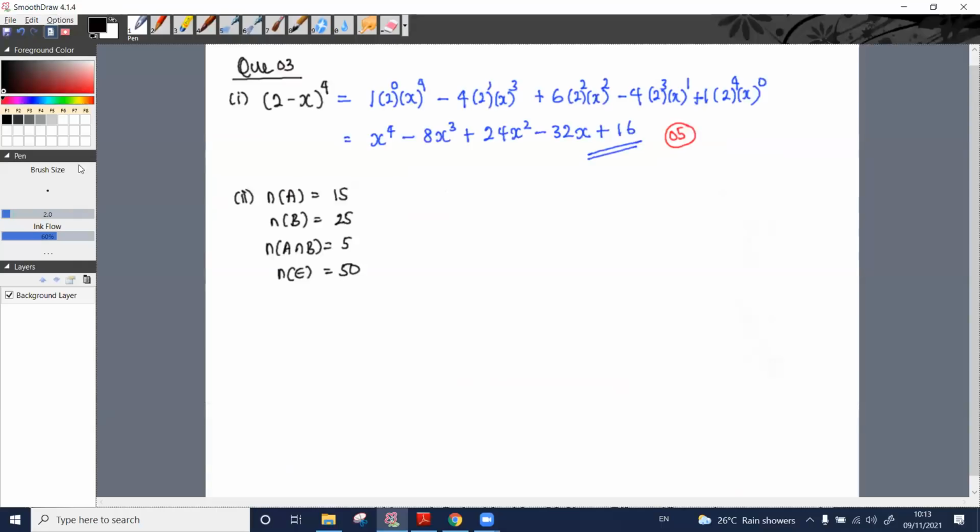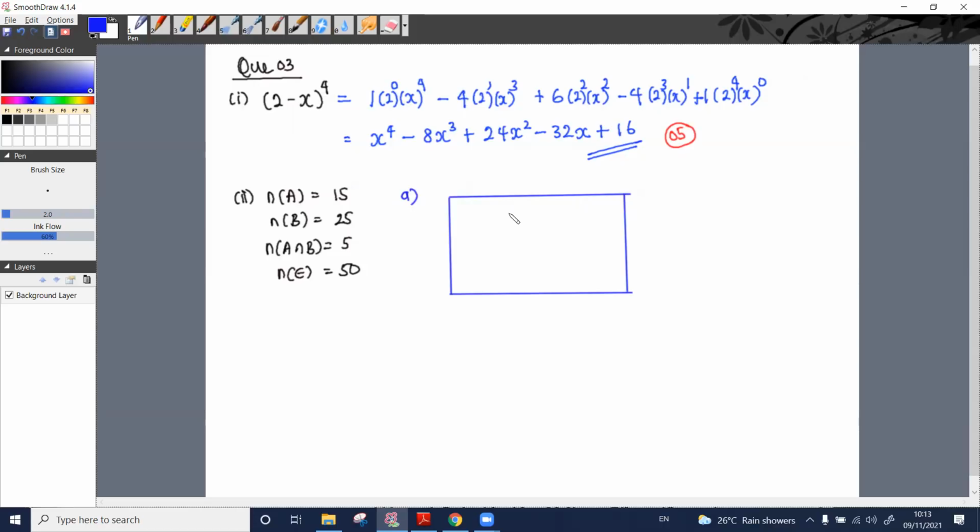How it should be. Part A. This is our Venn diagram, right?